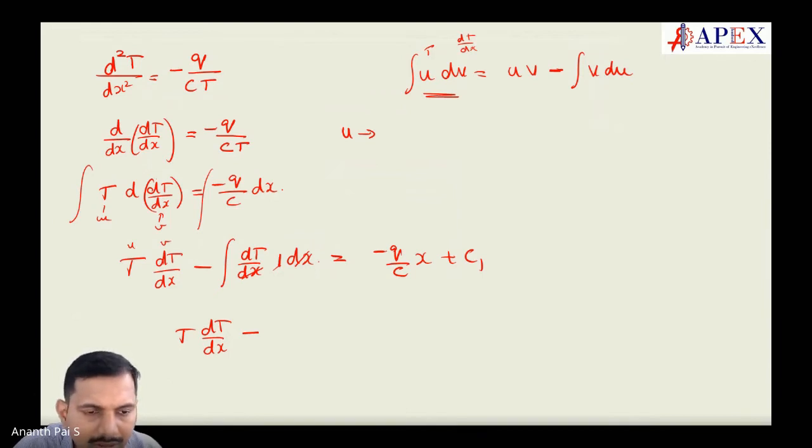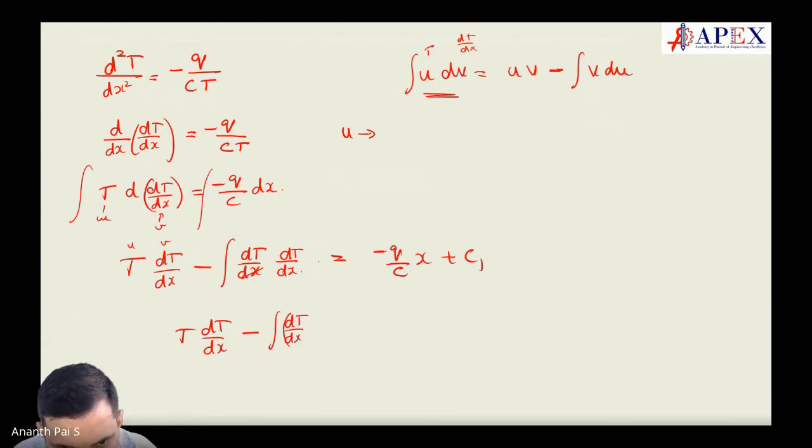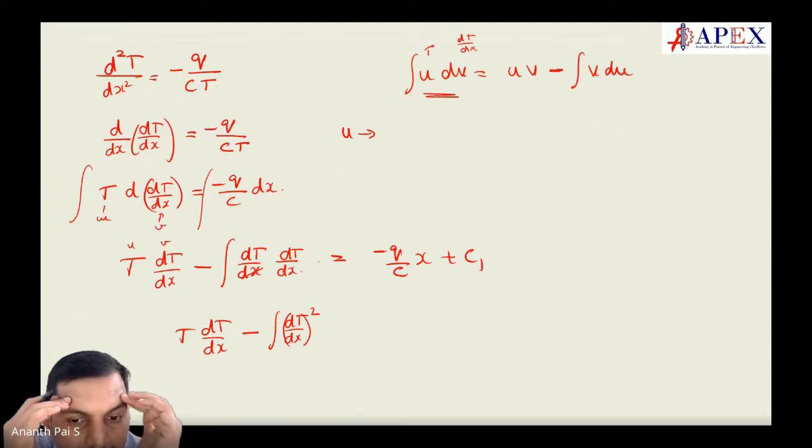No, I did not write that. You will get dt by dx. Correct? So you will get 1 by dt by dx, integration of dt by dx, the whole square. I took v as dt by dx.